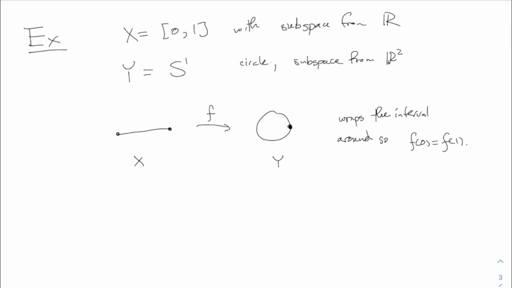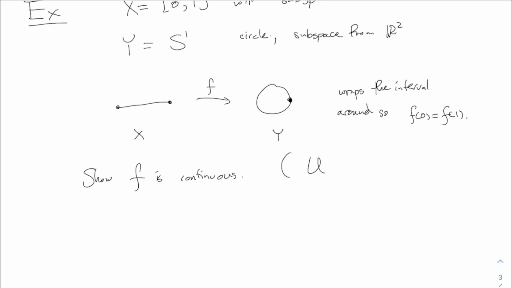I didn't really tell you a formula for f, so showing it's continuous does not involve actually computing the inverse image or anything like that. We're going to try to do this in a more schematic kind of way. So let's show that f is continuous. Of course, remember what this means is U open in Y implies f inverse of U is open in X. So I need to consider any open set in Y. And like I said before, it's good enough if we consider it to be a basis open set.